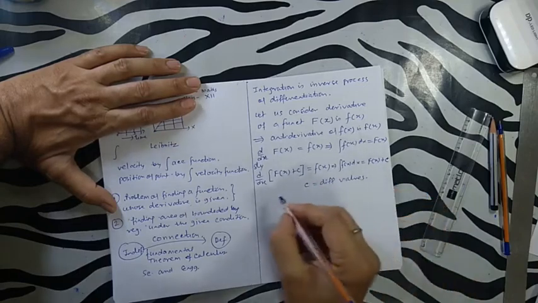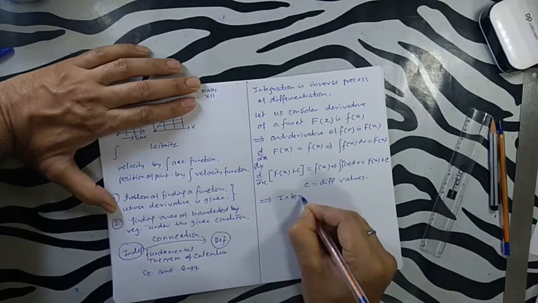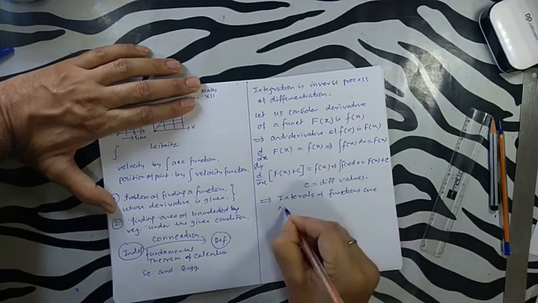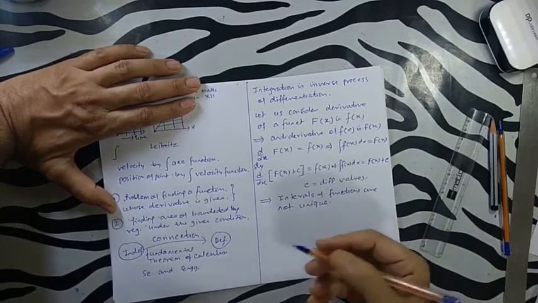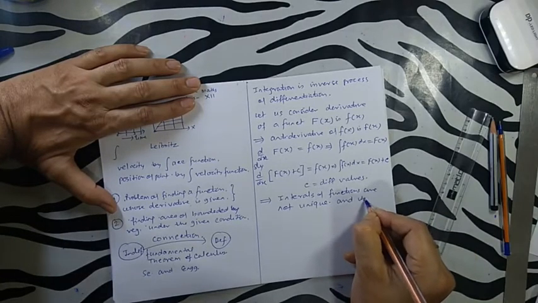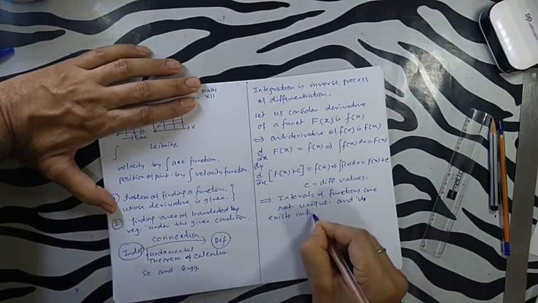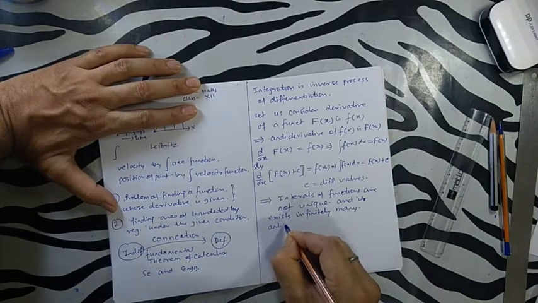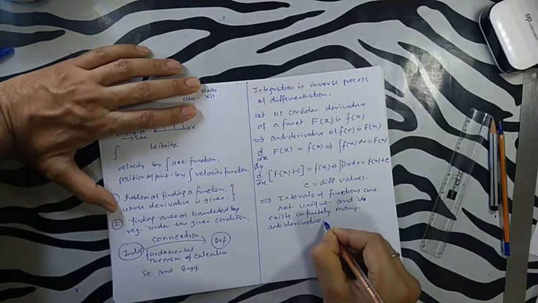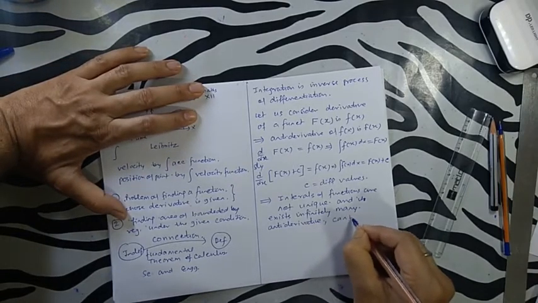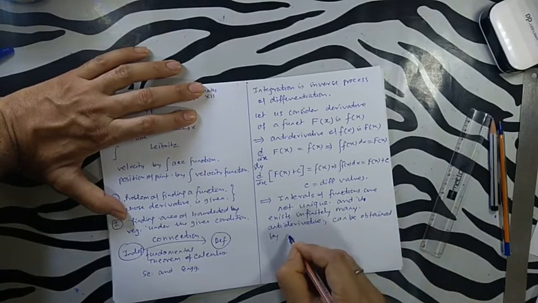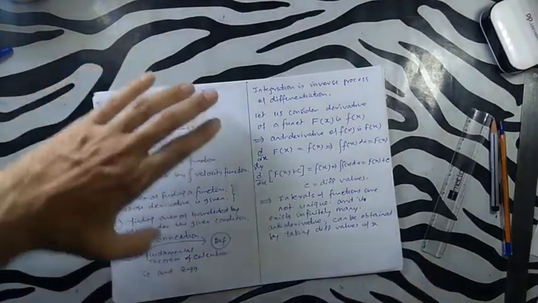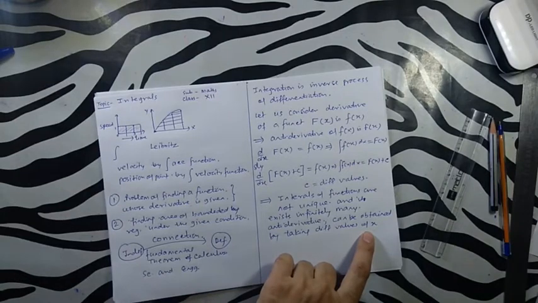So the integrals of a function are not unique, and infinitely many antiderivatives exist and can be obtained by taking different values of c.